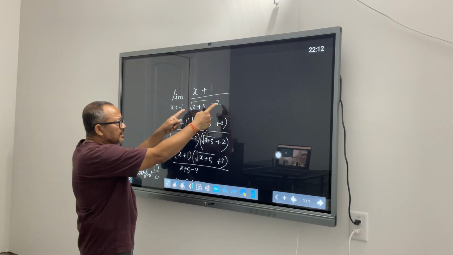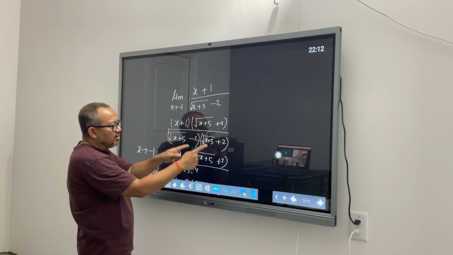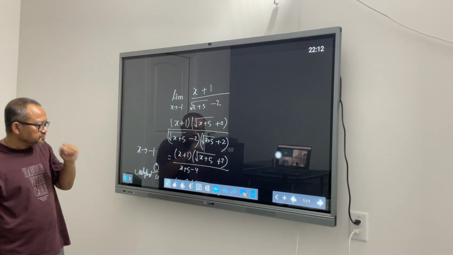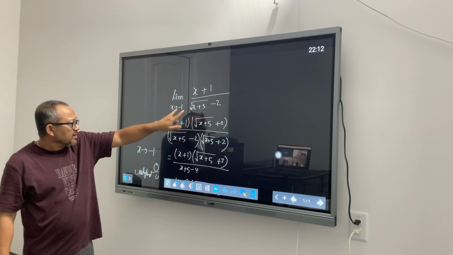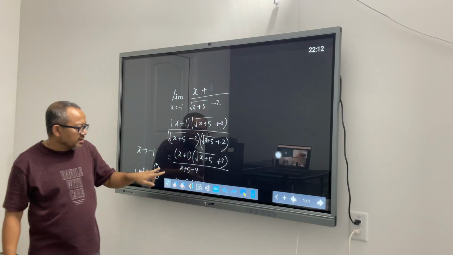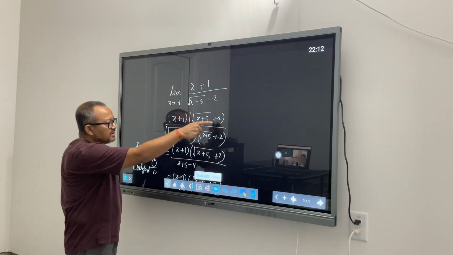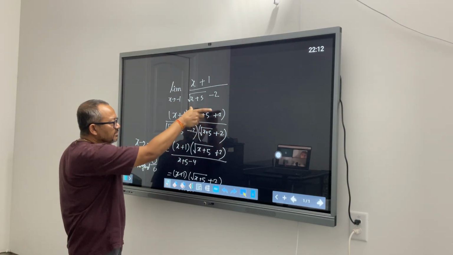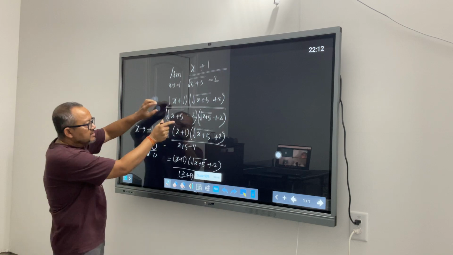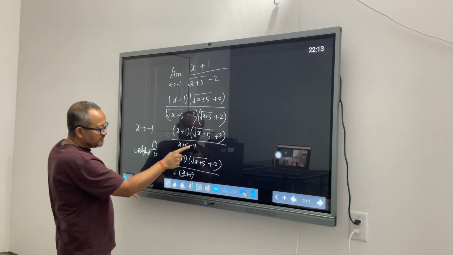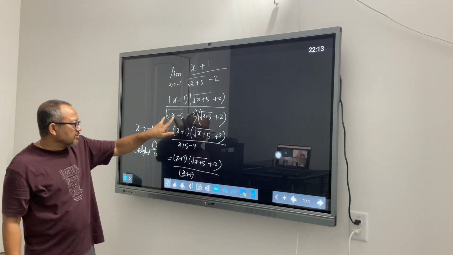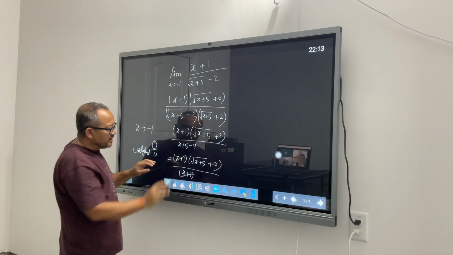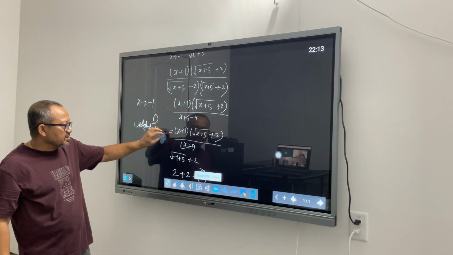So we multiplied this with the conjugate, with the plus sign in between. That made this square minus this square. And we have to multiply the same thing above also: square root of x plus 5 plus 2 below and above. The denominator became this square minus 2 square, that is 4, so x plus 5 minus 4. And above, whatever we had, we kept it. We did not apply any distributive property here.